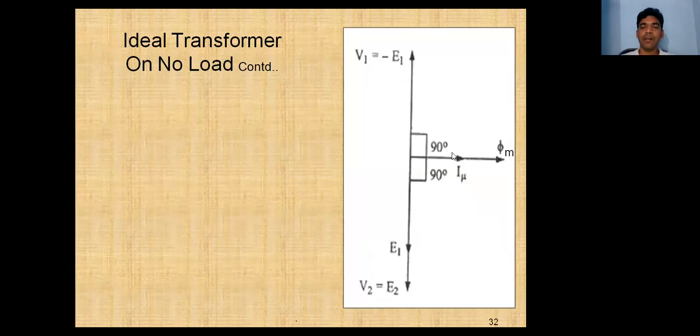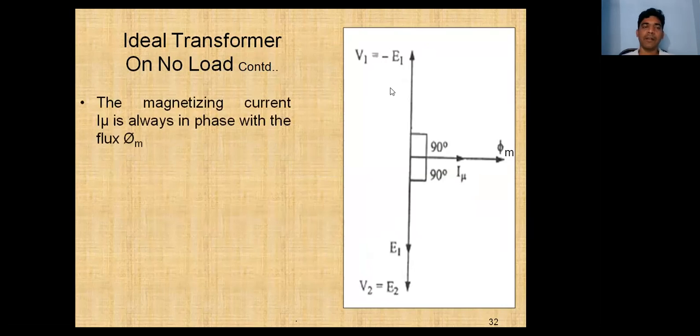Now EMF induced in the primary and secondary windings, E1 and E2, lags the current by 90 degrees. So E1 and E2 are opposite to V1. For currents, we are taking this E1 upside as minus E1. The magnetizing current I mu is always in phase with the flux phi m.